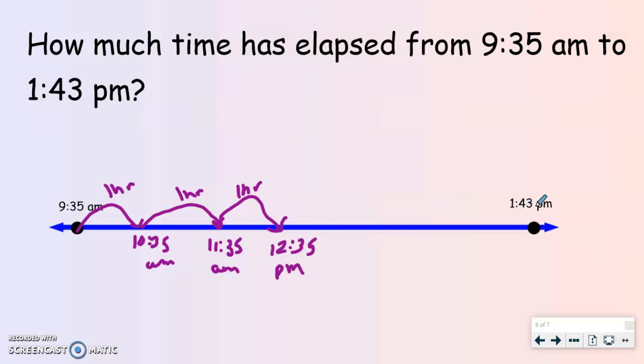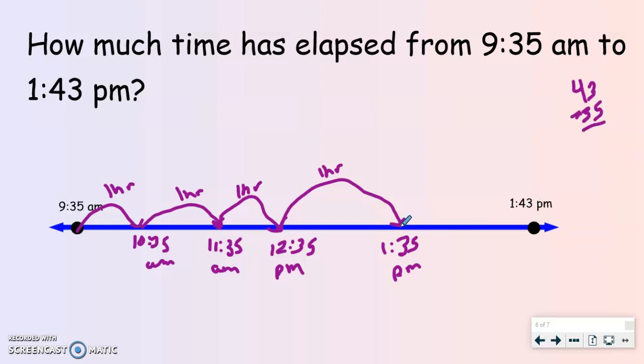And then I still need to get to 1:43 p.m. So if I do another hour jump, and I'm going to make this one kind of big because I just realized I have tons of room left. That takes me to 1:35 p.m. And I still need to get here though. So you can use a couple different ways. You could just do 43 minus 35 to find out the difference.